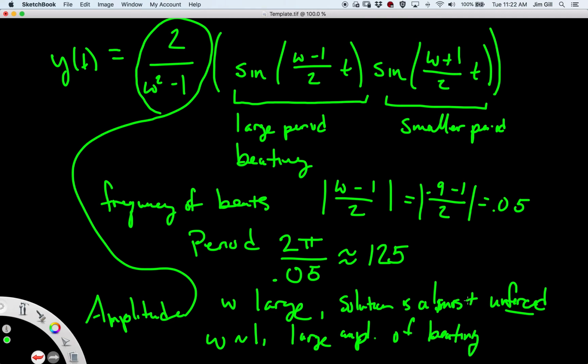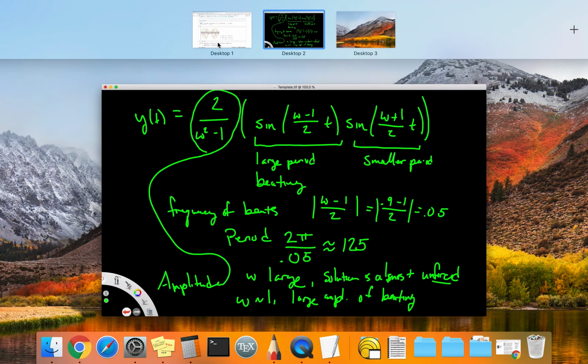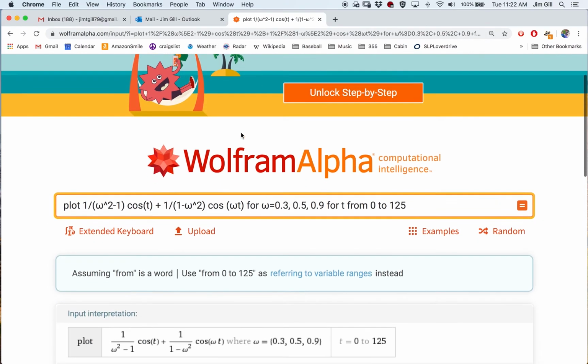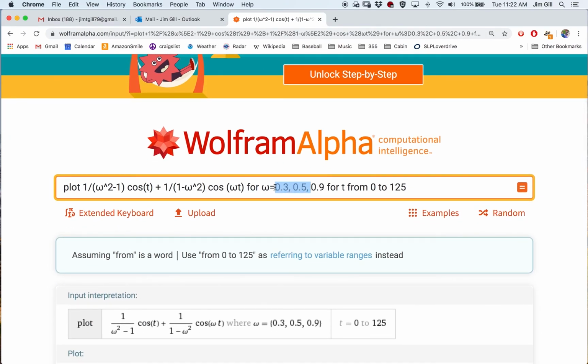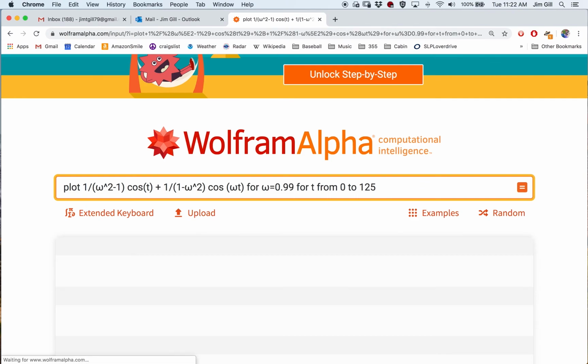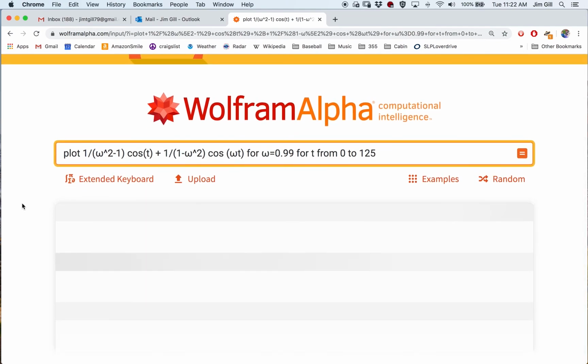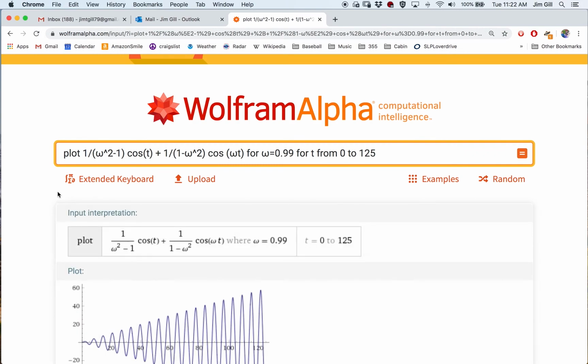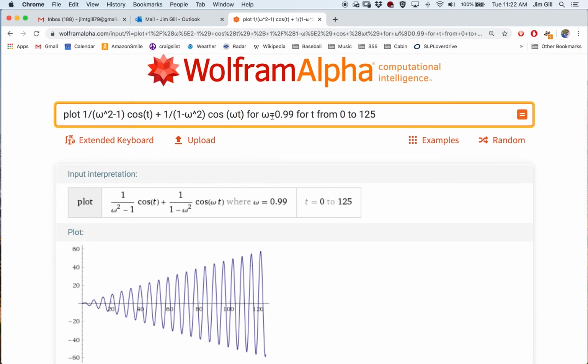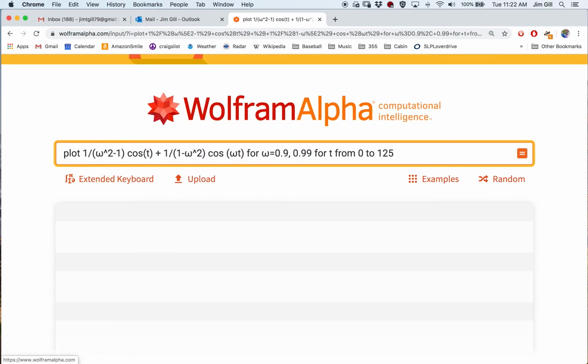All right? Let's see what happens when we take omega even closer to 1 in this picture, right? We used 0.9. Let's use 0.99. Take a look here at what we see. And let's also add the 0.9 in as well, just to compare.